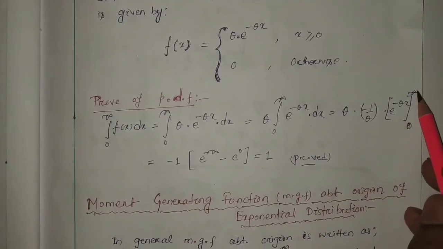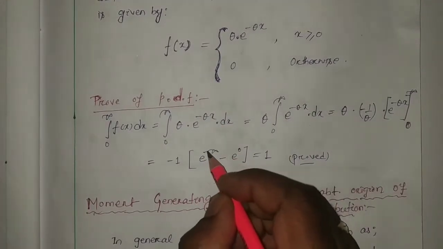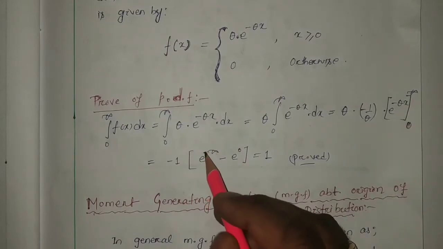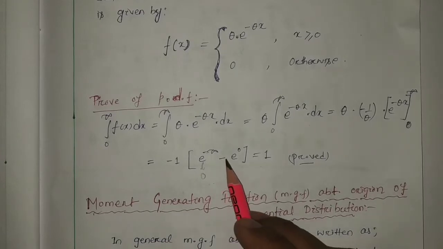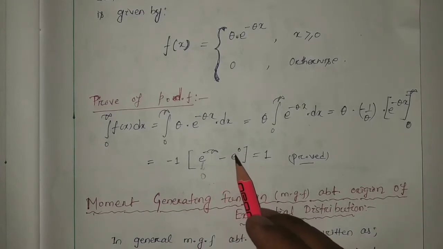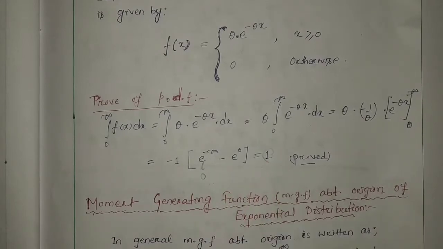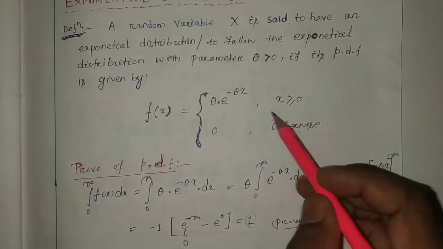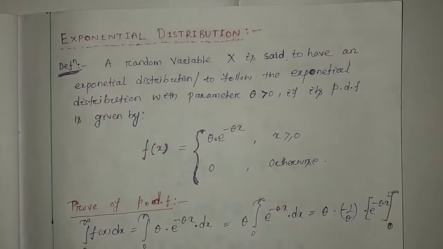The upper limit is infinity, so it will be e to the power minus infinity minus e to the power 0. We know e to the power minus infinity is 0, and e to the power 0 is nothing but 1. So minus 1 times minus 1 will be 1. Hence it has been proved that the PDF defined here is valid for the exponential distribution.